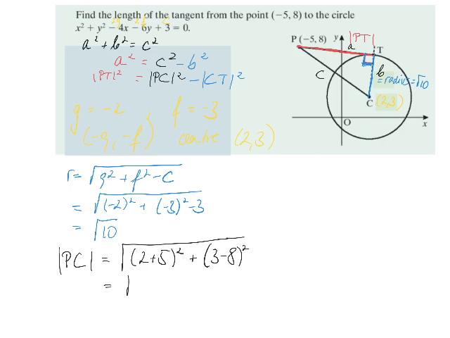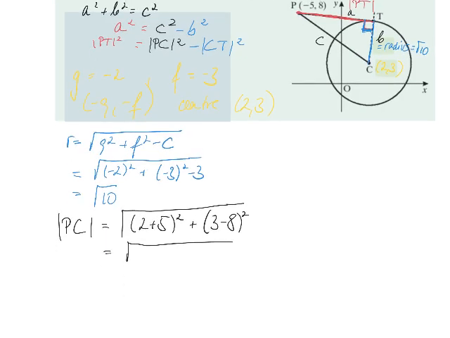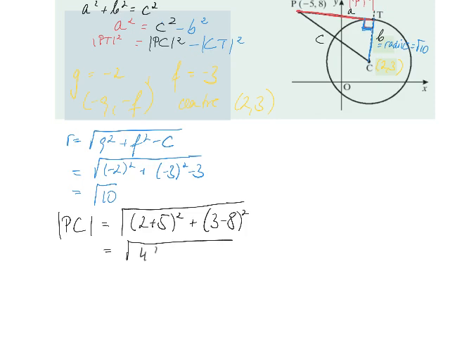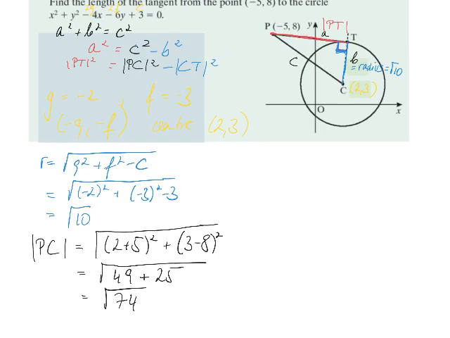If we calculate this, we get 49 plus 25, which is root 74.